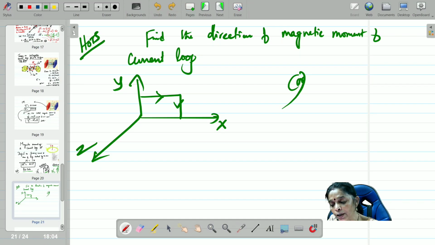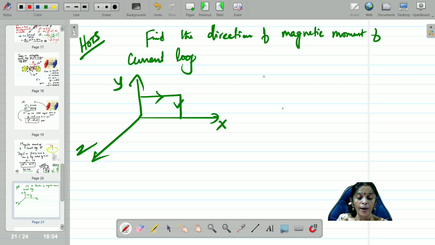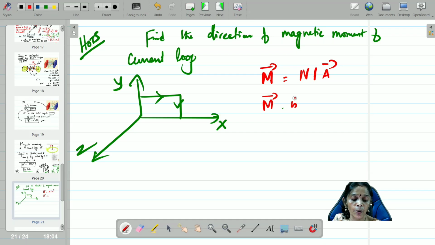So now x-axis, y-axis, z-axis I put. Now I wanted to find out the direction of the magnetic moment. Magnetic moment is equal to NIA. I have already told you, the direction of the M vector is equal to the area vector. How do we find the direction of the area vector? The coil is in the xy plane. Where is the area vector? It is normal to the coil.